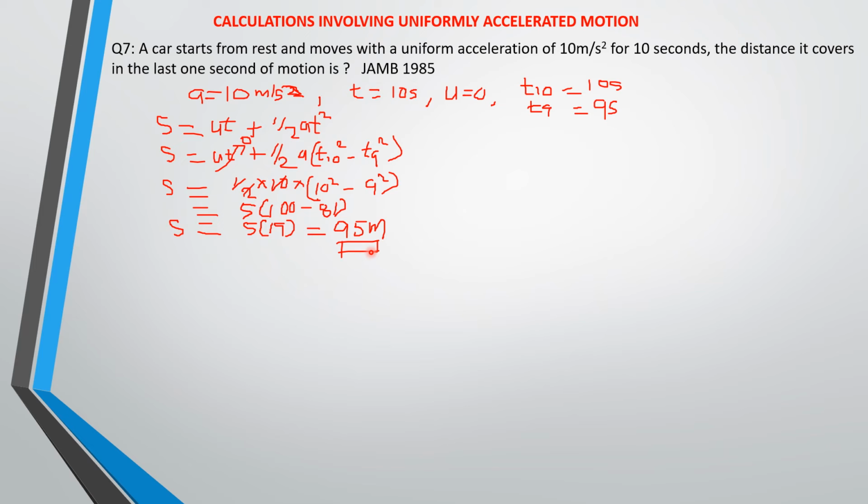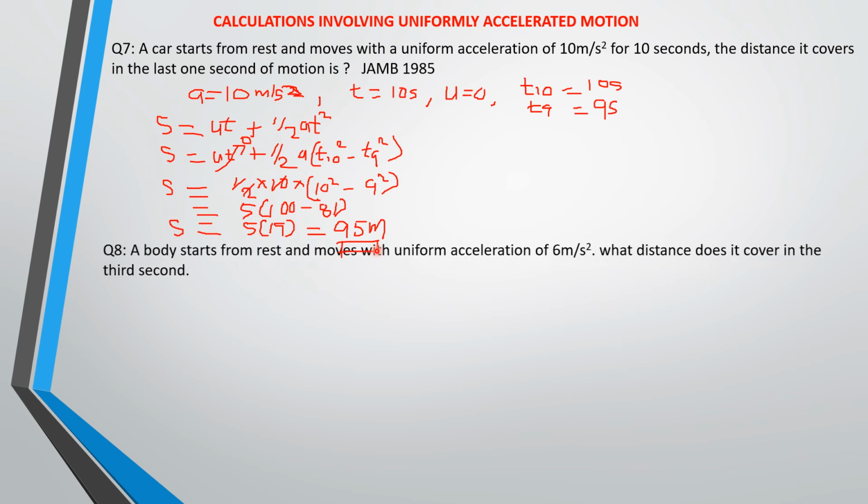So I hope you understand this, and then we'll try to solve one more problem on this, so that you get a better understanding. So this is another question. This one says that a body starts from rest and moves with uniform acceleration of 6 meters per second squared.